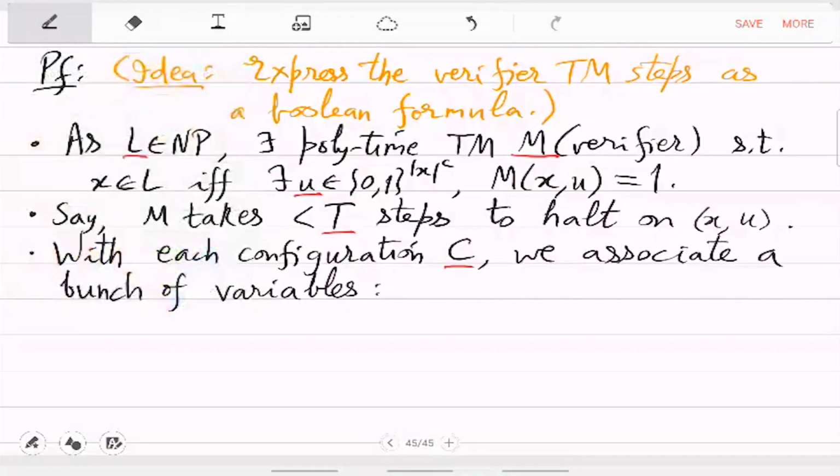So let us write that. The bunch of variables is state, head position of the two tapes. P prime and P are basically pointers to where the head is. What is there on the input tape?